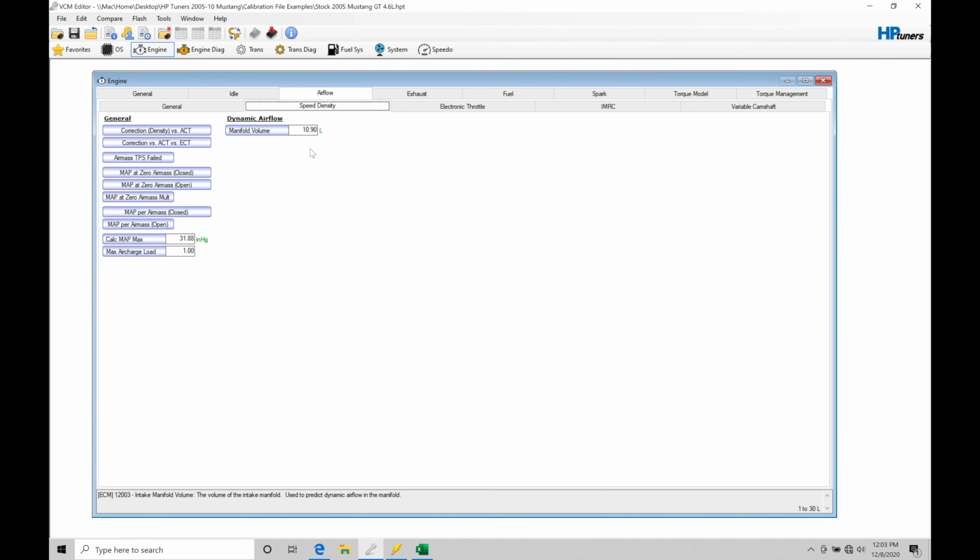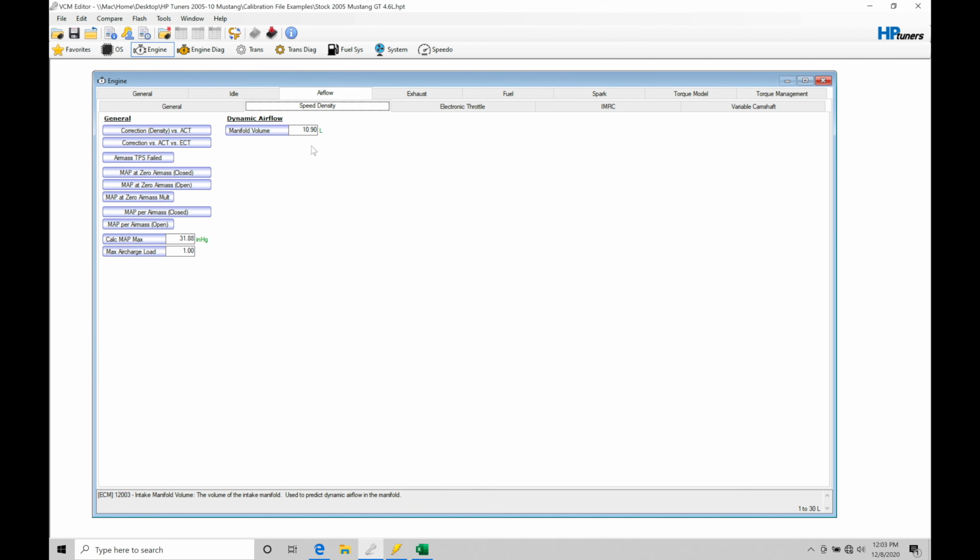So manifold volume is going to be the volume of the actual intake manifold itself. What this is actually representing is a time factor or multiplication factor within the transient fuel. If we start to lower down the manifold volume from, let's say, 10.9 to 8 liters, that's going to be telling the PCM that it needs to react quicker to apply our transient fuel, and it also needs to be a bit more aggressive when it's doing a multiplication within the background.